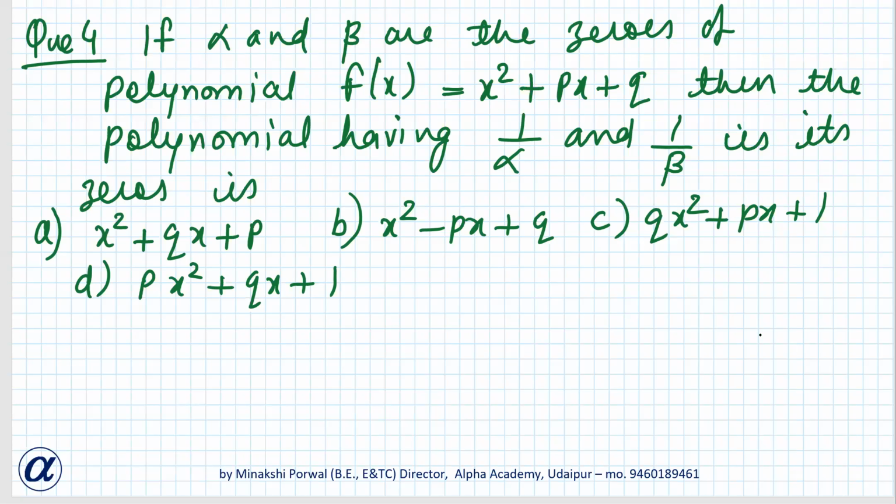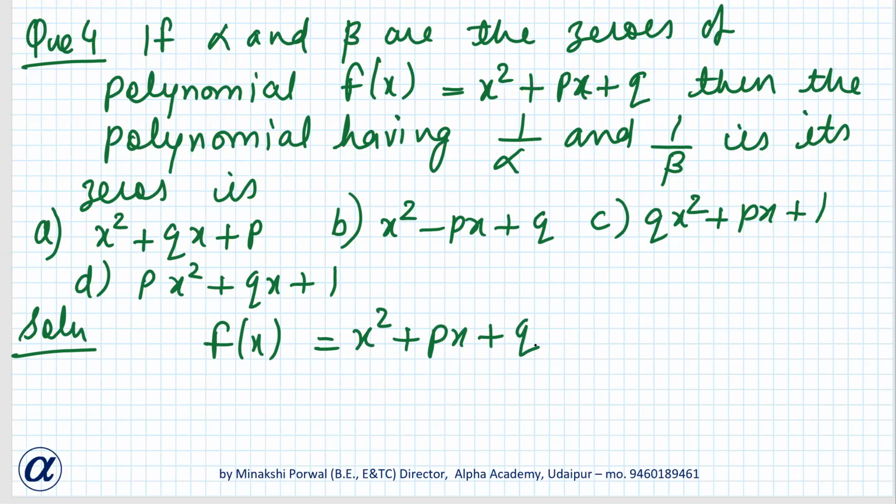This is, if alpha and beta are the zeros of the polynomial. One polynomial is given, fx equals to x square plus px plus q. Its zeros are alpha and beta. Then we have to find one polynomial whose zeros are 1 upon alpha and 1 upon beta. So first of all, we'll find the value of alpha plus beta.